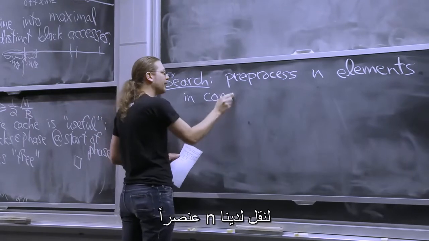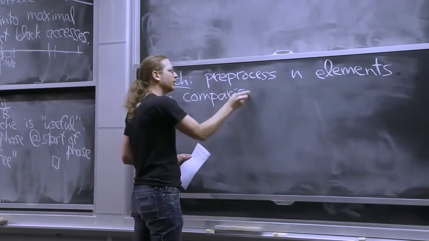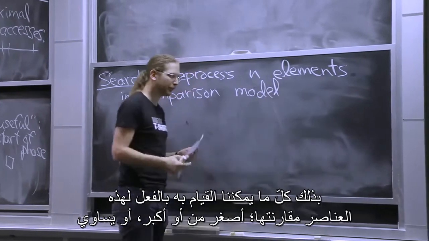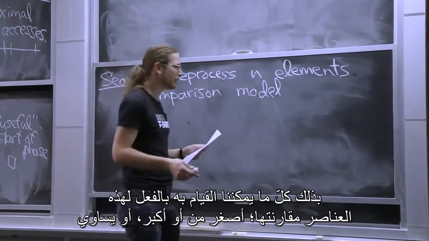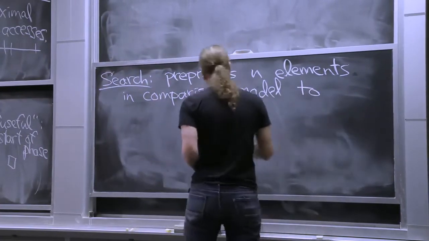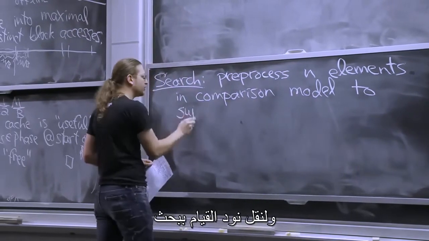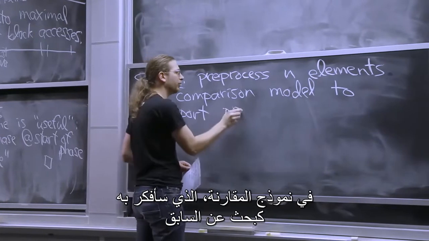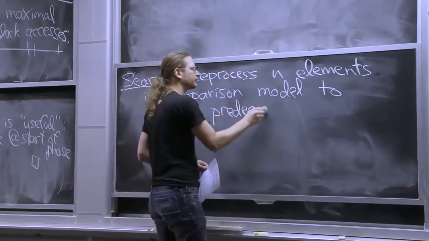So let's say we have n elements. Let's say, for simplicity, we're in the comparison model. So all we can really do with those elements is compare them, less than, greater than, equal. And let's say we want to do search in the comparison model, which I'll think of as a predecessor search.